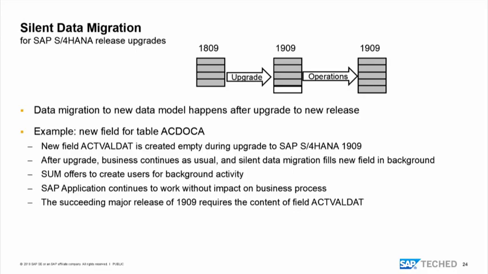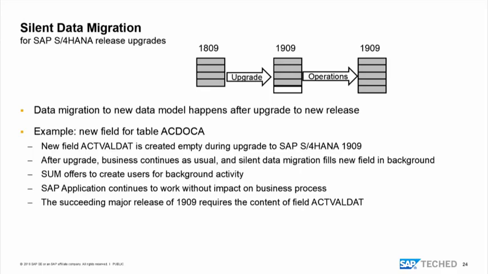The concept says we would like to reduce the downtime. The SAP applications can handle whether or not this field is already filled, but this field has to be filled before we do the upgrade to the next release after 1909, 2020 or whatever it will be called. So silent data migration happens after upgrade, silently during operations, and thus reduces the downtime.